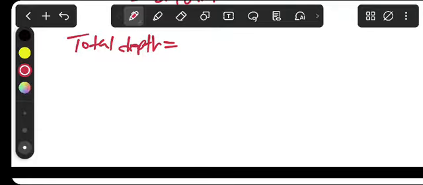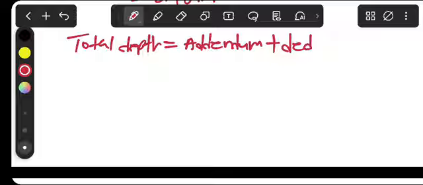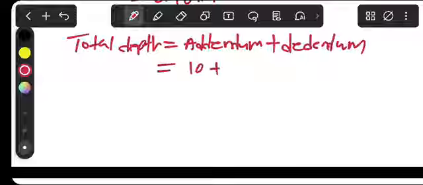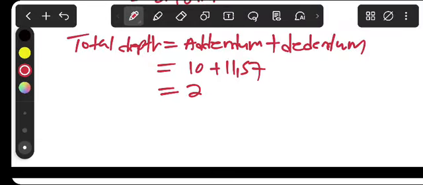We said it's a sum, the addendum plus the dedendum, whereby we know this is 10 plus 11.57. We did calculate this.